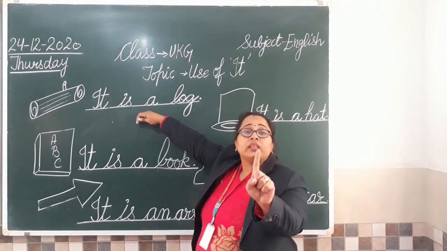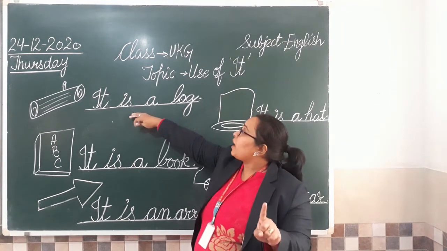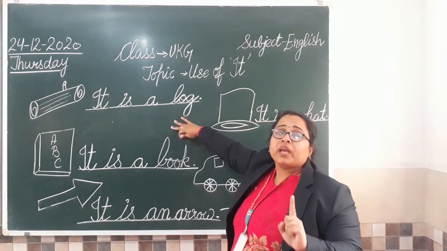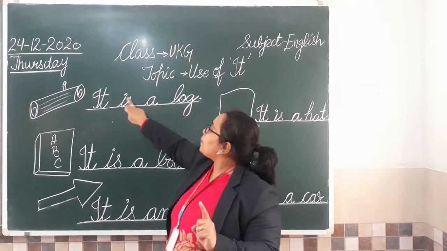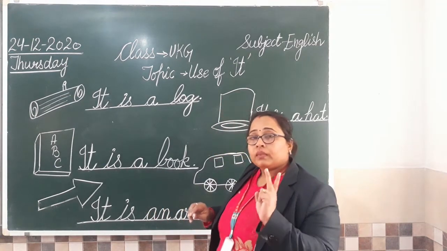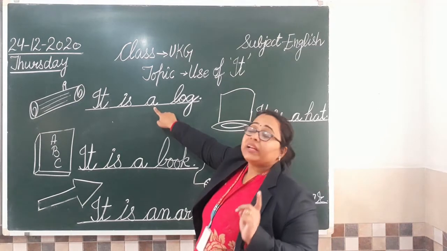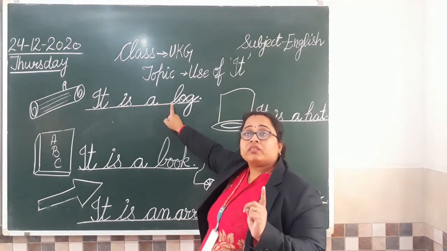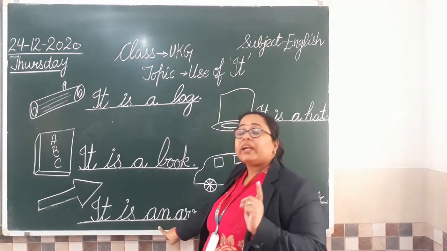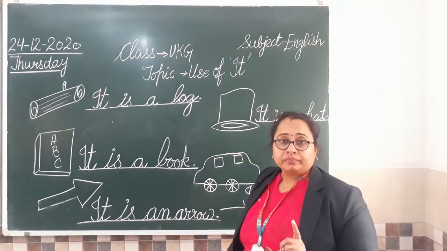It is used with non-living things. Clear? While writing the sentence, आपको ध्यान रखना है to give a proper space or gap between two words. Clear? And the last thing is, you will write A when it is consonant, and you will write N when it is vowel.